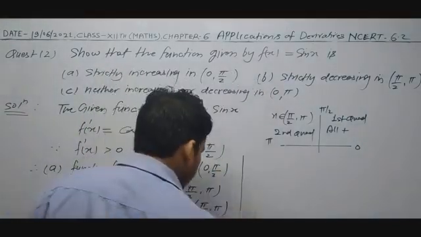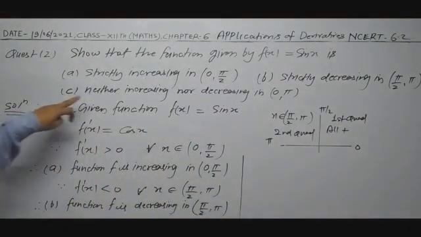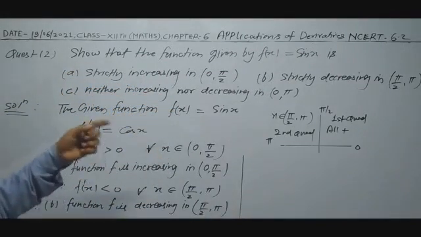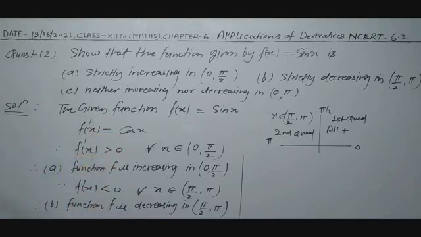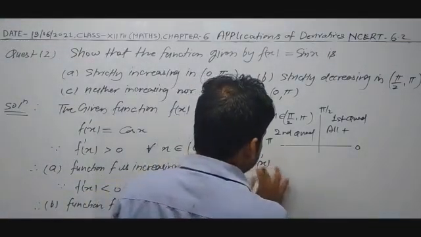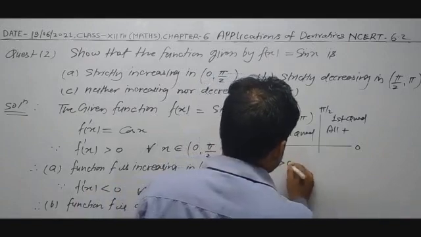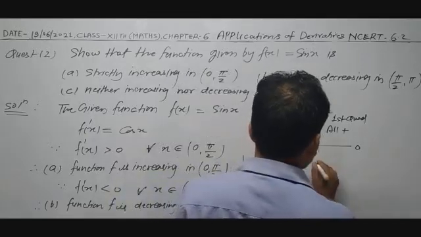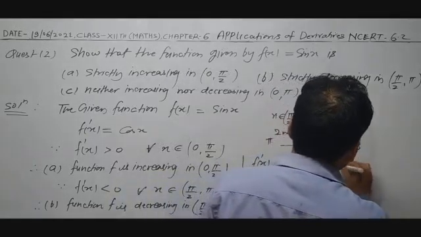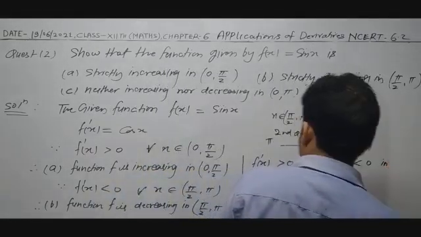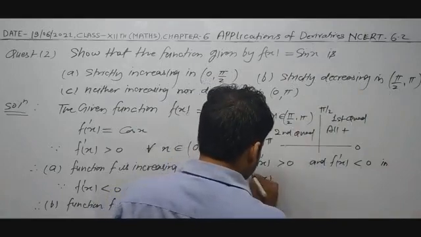Now come to the third point, neither increasing nor decreasing. In the case of neither increasing nor decreasing, you can write for C, f dash x is greater than 0 and f dash x is less than 0 in 0 to pi.